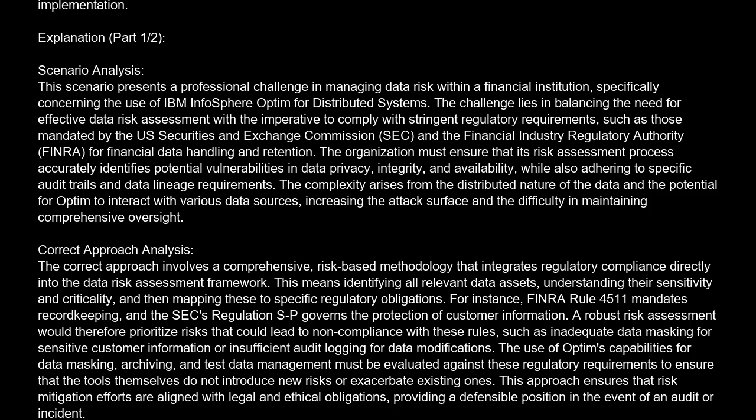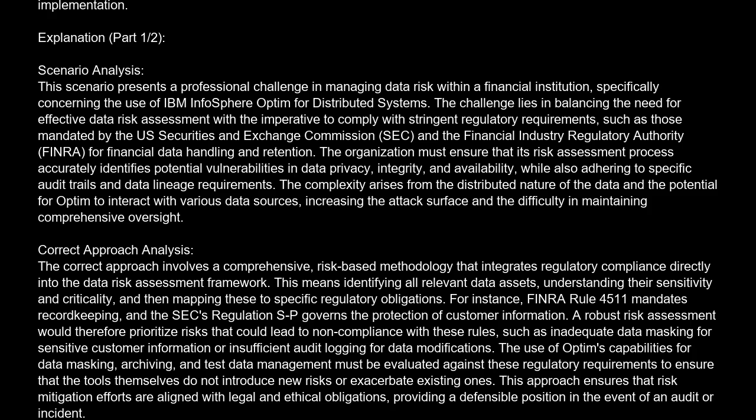The organization must ensure that its risk assessment process accurately identifies potential vulnerabilities in data privacy, integrity, and availability, while also adhering to specific audit trails and data lineage requirements. The complexity arises from the distributed nature of the data and the potential for Optim to interact with various data sources, increasing the attack surface and the difficulty in maintaining comprehensive oversight.